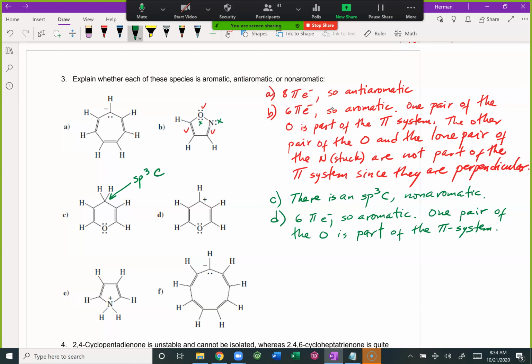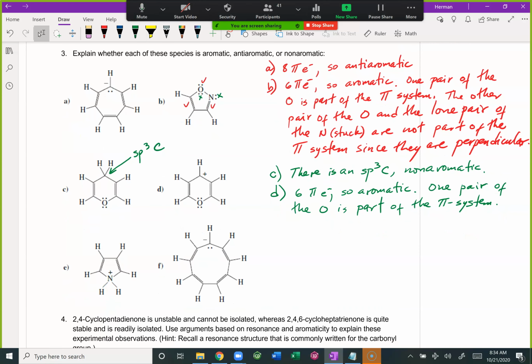Okay, let's do E. Who can solve E? What is E, and why? Anybody?